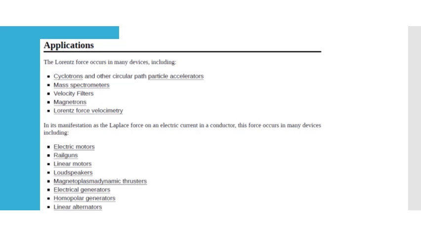Another application is mass spectrometers to separate the different masses, isotopes. It can also be used in velocity filters if you want to separate a particular velocity.